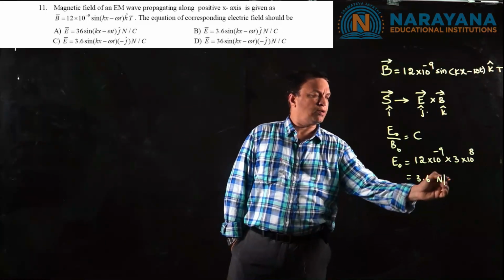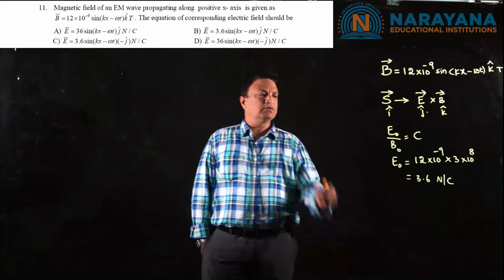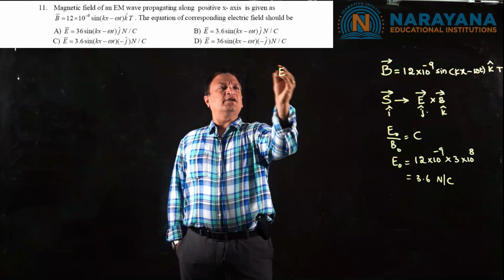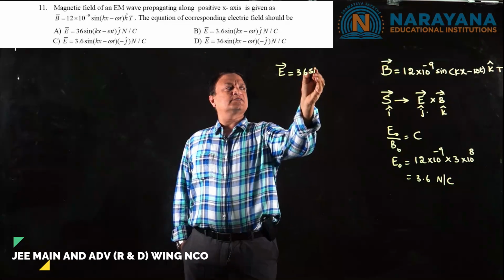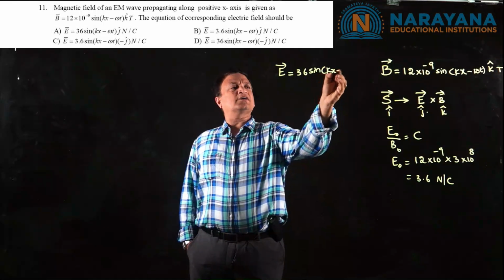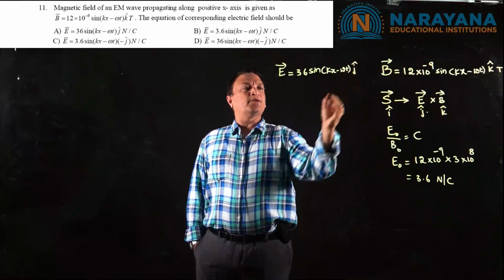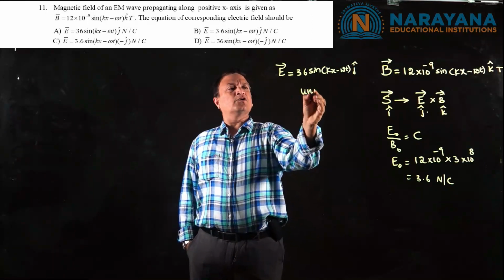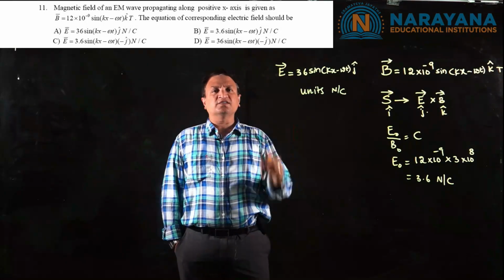Remember, Newton per Coulomb. So what I want to conclude here, the electric field will be 3.6 sin kx minus omega t j cap in the units of Newton per Coulomb. My answer is option B.